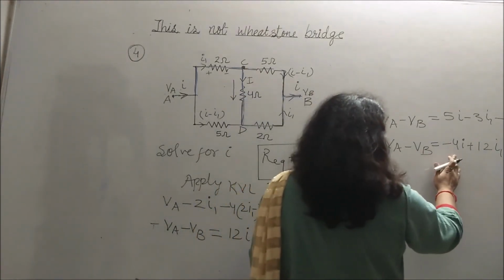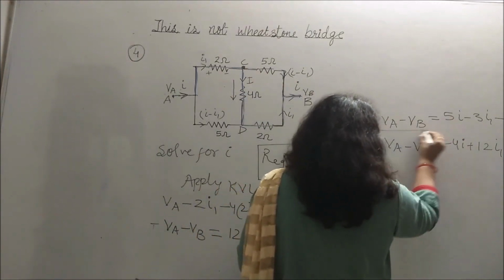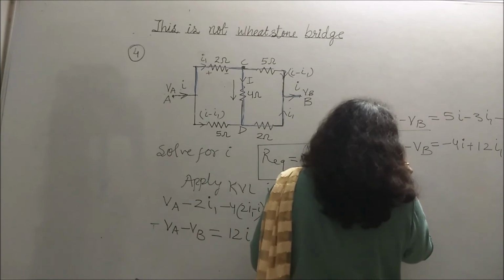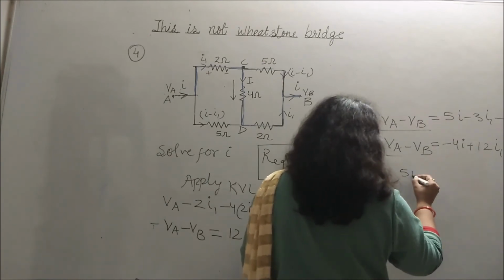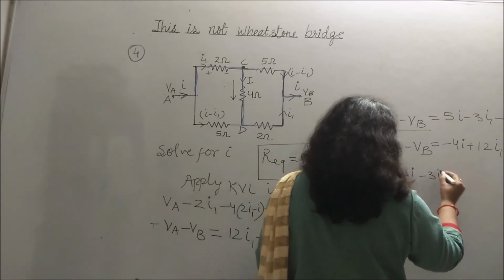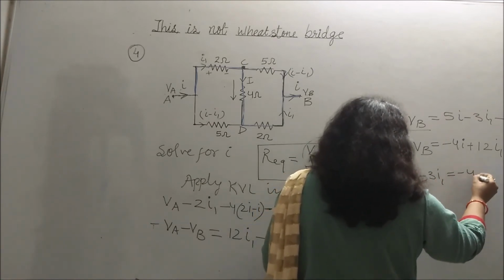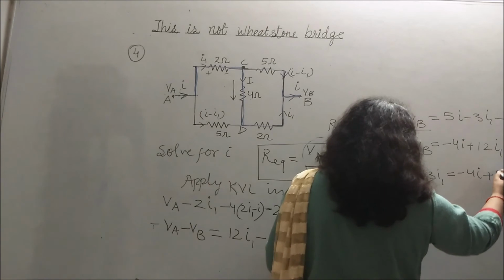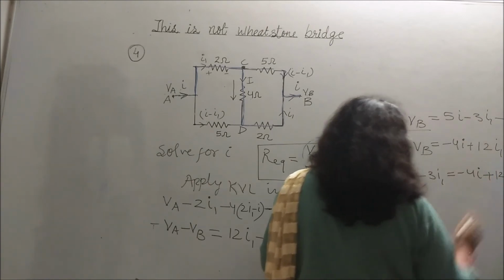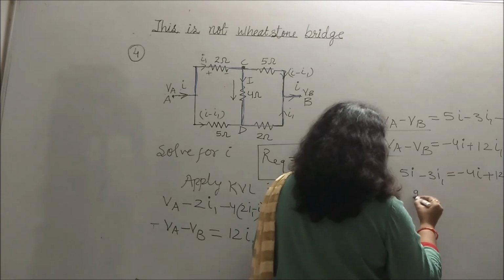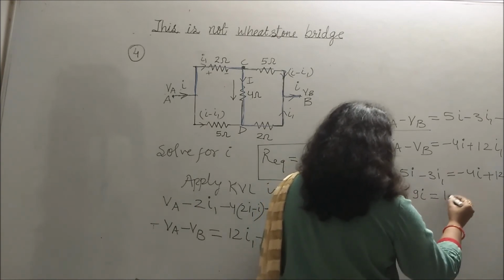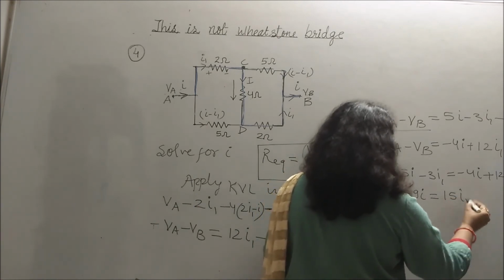Now since they are both equal to VA minus VB, we can equate equations 1 and 2, that is 5I minus 3I1 is equal to minus 4I plus 12I1, that is 9I is equal to 15I1.